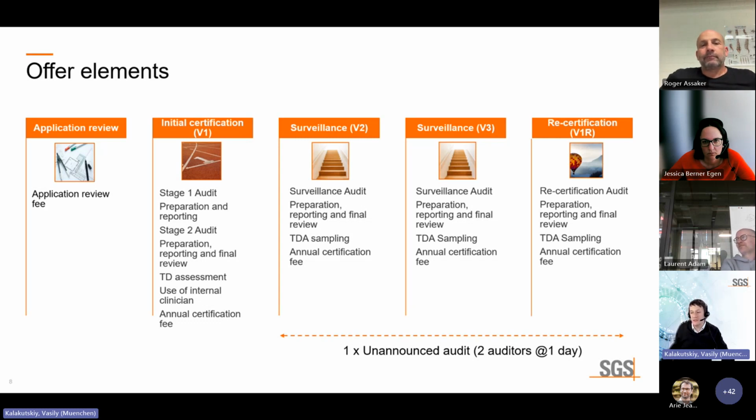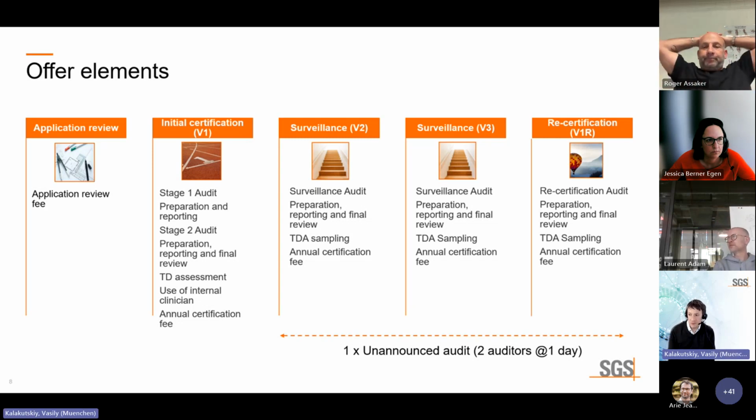Also in the initial certification, we will perform the technical documentation assessment, and also a clinician will review the technical documentation, because there are two perspectives. One is the assessment from the technical point of view. The other one is assessment from the clinical point of view.